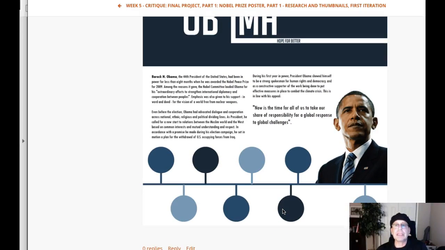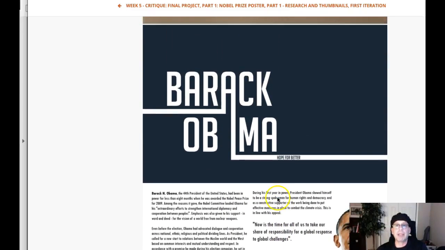Let me give you a little example of what you might be able to do here. You could take this Barack Obama, and there's not enough here in terms of filling in the blanks, or continuation in terms of Gestalt theory. There's not enough for the eye to say we can figure it out because we're so familiar with this name.